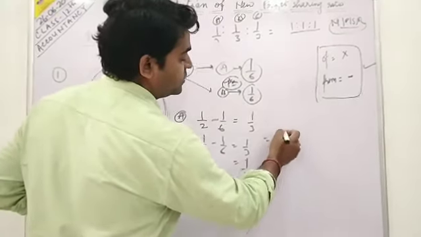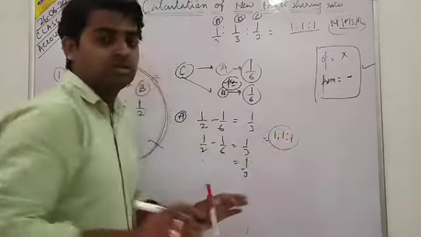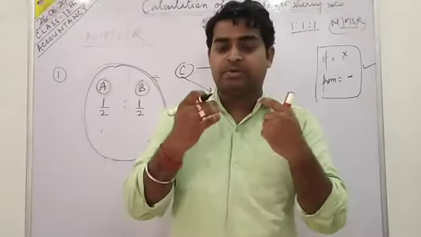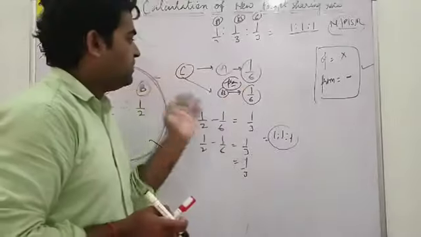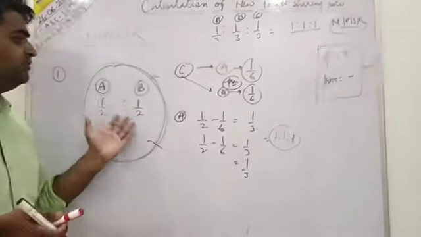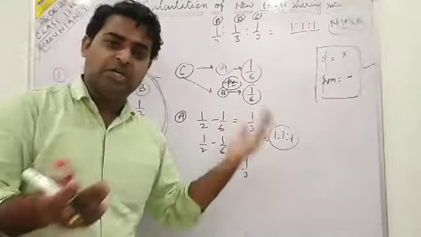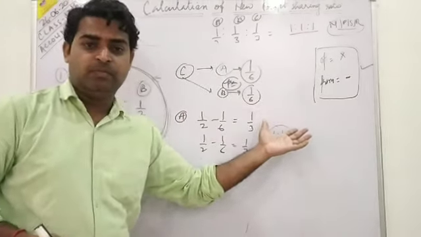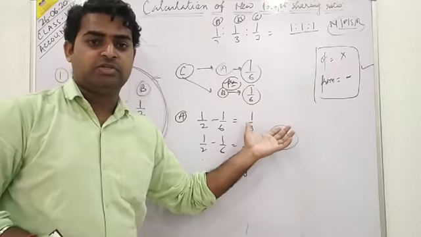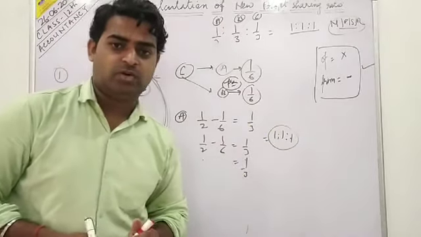Then the new profit sharing ratio is 1:1:1. I am explaining all these conditions through a very simple example. You can put different digits and different shares, and you can easily calculate the new profit sharing ratio in a very easy way.